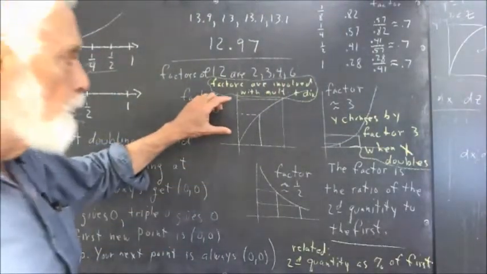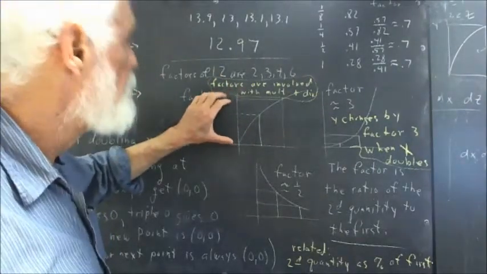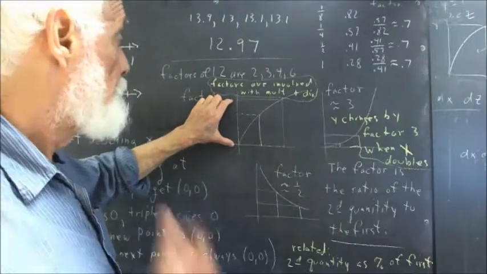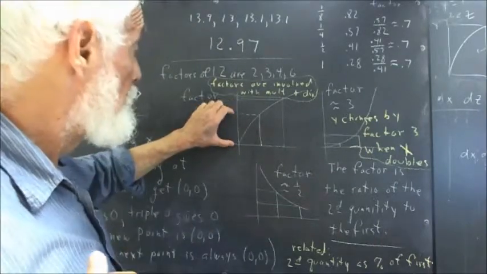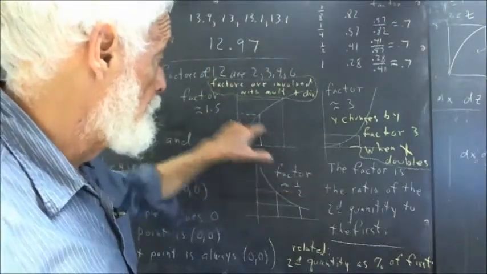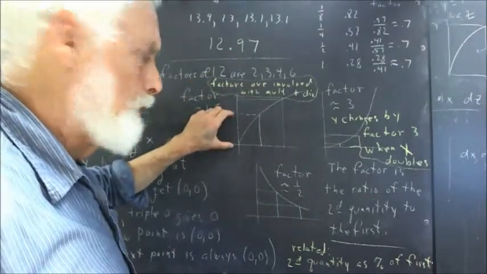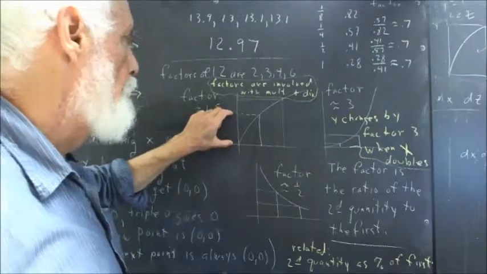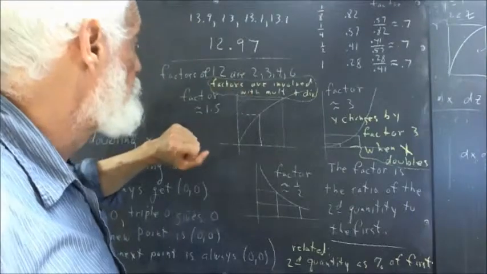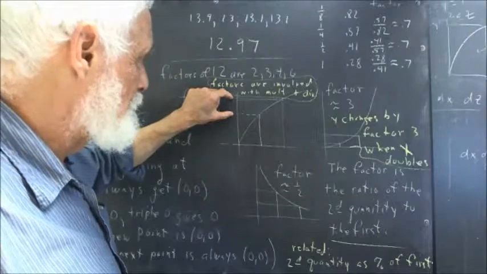Now, by what factor did y change here? You might have read it, but ignore what you read. Can't really do that, can you? Okay, well, y gets bigger, so the factor is bigger than 1. It doesn't double, because if y doubled, you'd be all the way up here by the time x is doubled. So the factor is between 1, which would indicate that the y value would be here, and 2, which would indicate a y value up here. What is that factor? Well, if I use my fingers, I can test this.